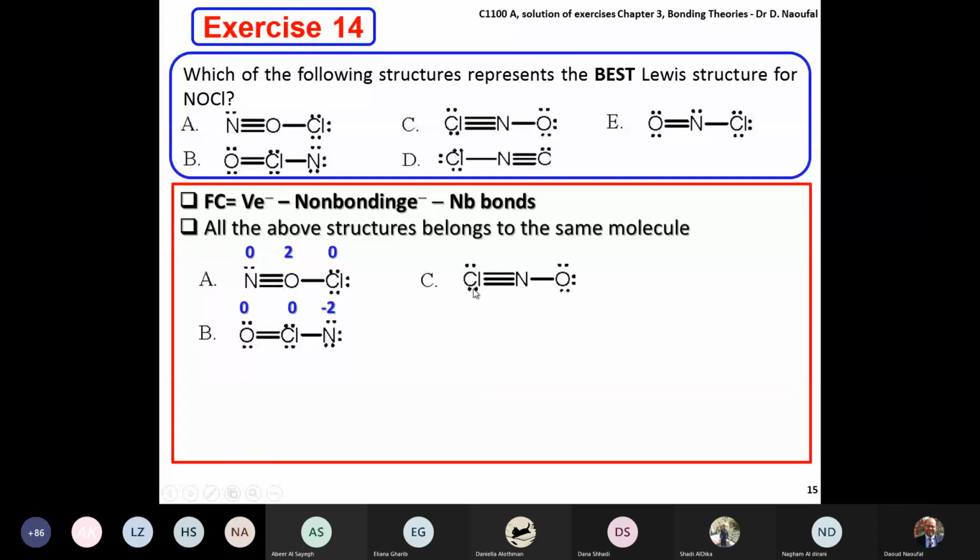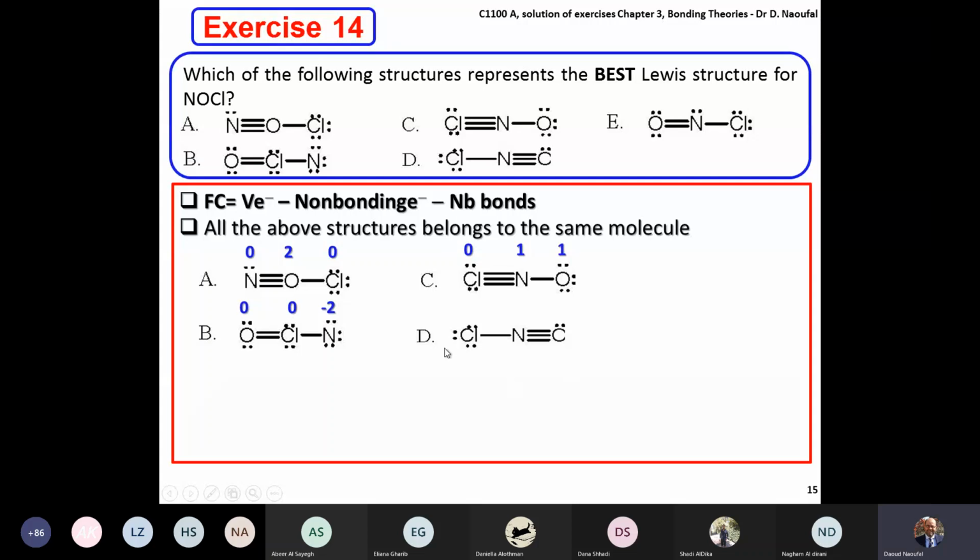In structure C, 7 minus 4 minus 3, so 0. 5 minus 0 minus 4, so plus 1. 6 minus 6 minus 1, so the formal charge is minus 1. Again 6 minus 6 minus 1, the formal charge is minus 1.